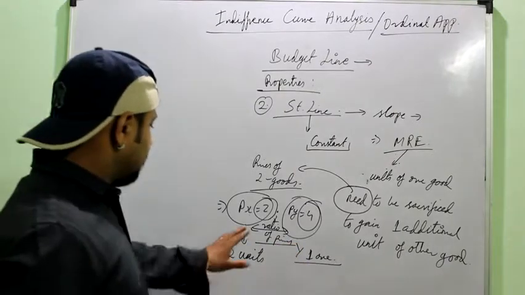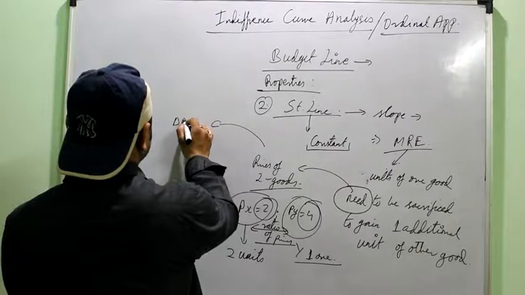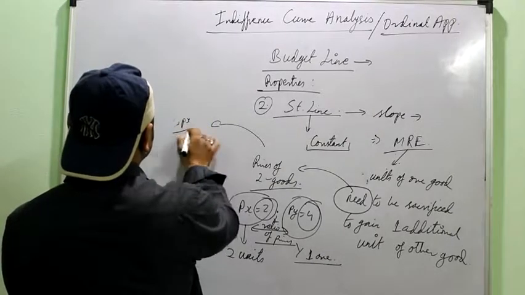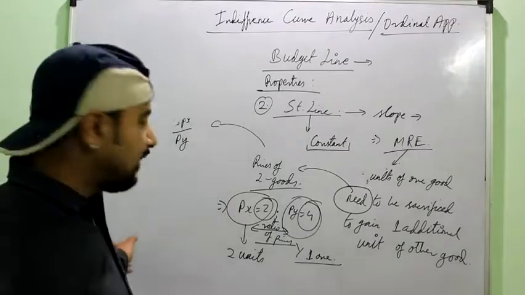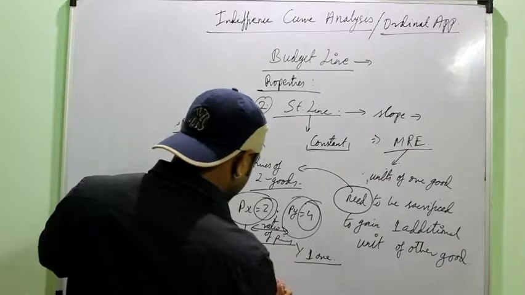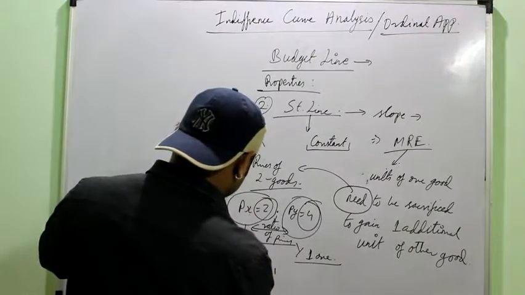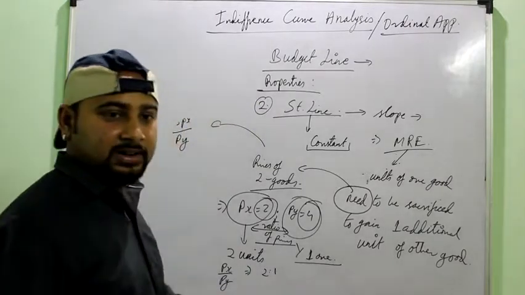right? It can be written as Px upon Py or Py upon Px, X to Y or Y to X. Like here if I write, it will be 2:1, that is Px upon Py will be 2:1, right?